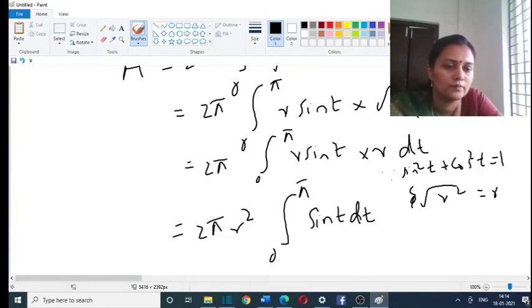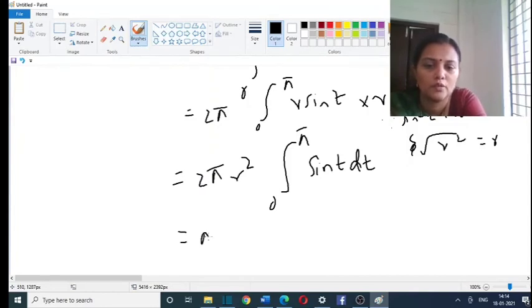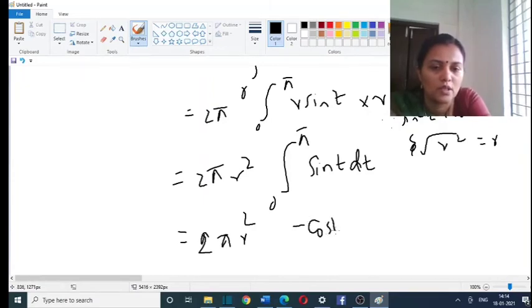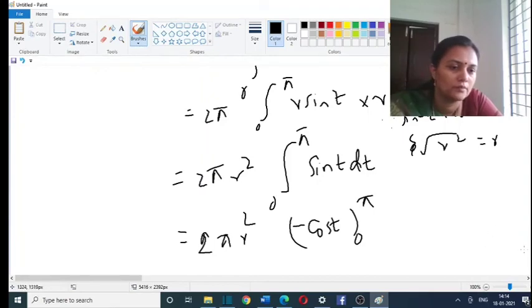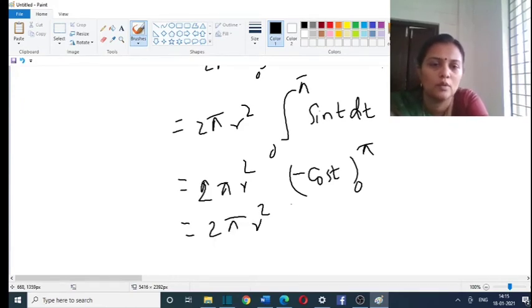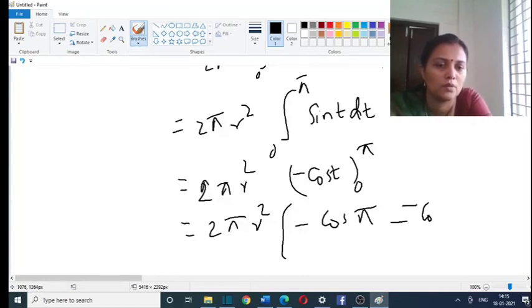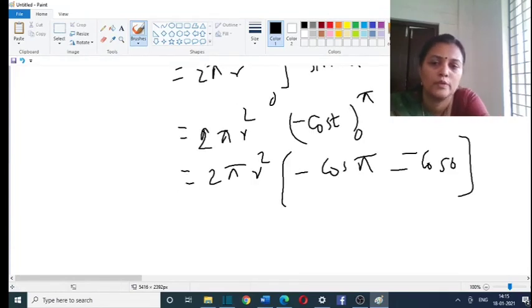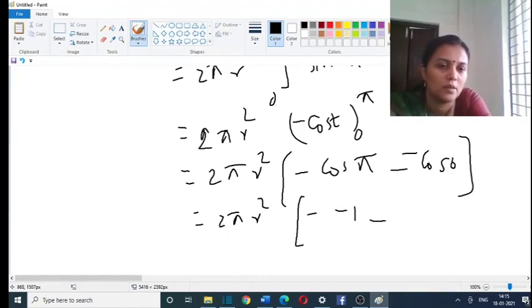which is equal to 2 pi r square into integral sin t is minus cos t from 0 to pi, which is equal to 2 pi r square into minus cos pi minus minus cos 0, which is equal to 2 pi r square into minus cos pi is minus 1, minus times minus is plus, cos 0 is 1.